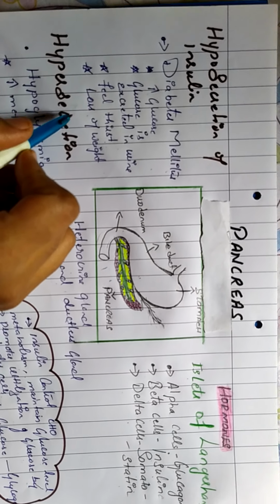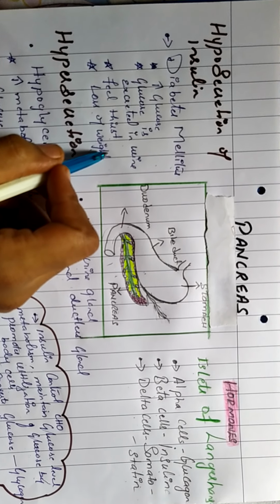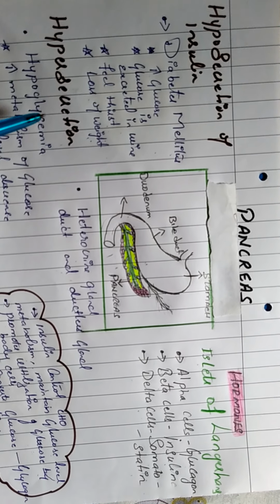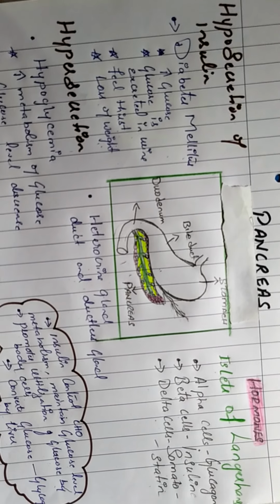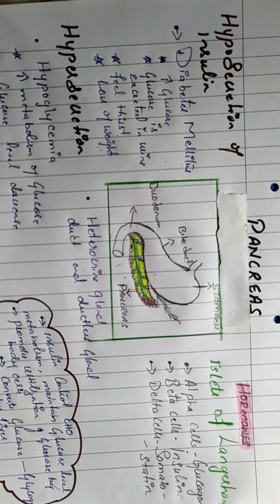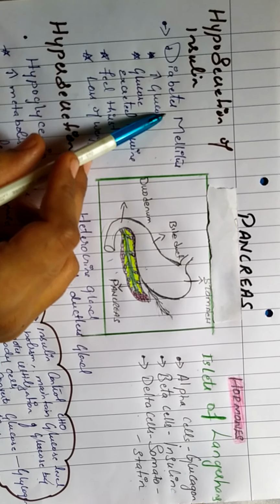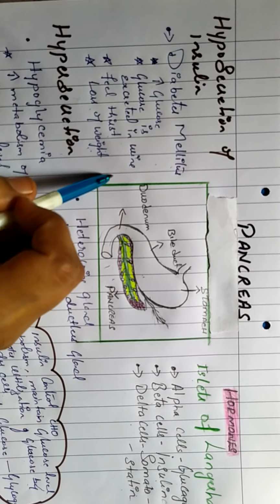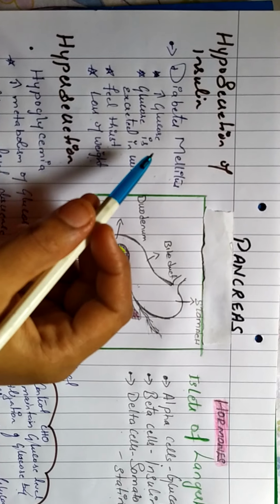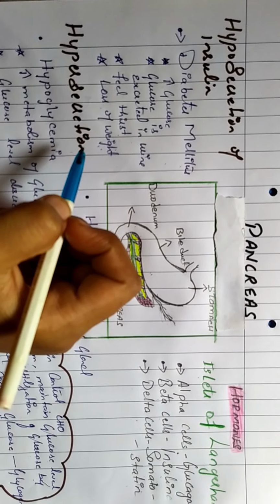There is also continuous loss of weight and gradual increase of weakness in the person. The treatment of diabetes mellitus includes the administration of commercially available insulin, given to the patient to provide the amount of insulin required in the blood for proper metabolism of blood sugar.